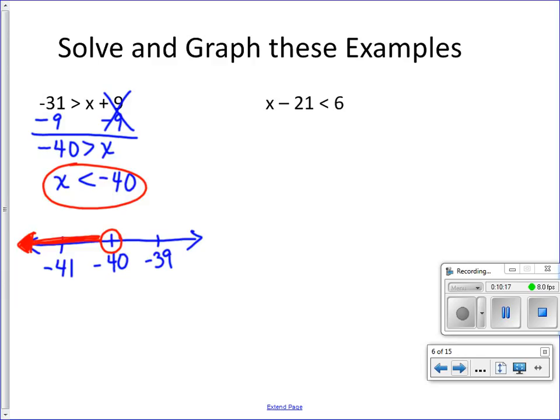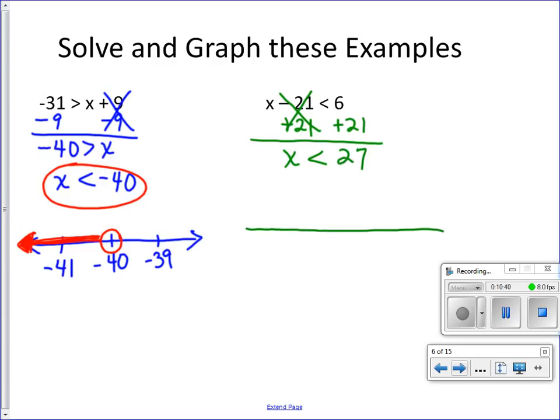On the next problem, x minus 21 is less than 6. We're going to use addition this time to undo the subtraction. Minus 21 plus 21 is 0, so that cancels out. And I have x is less than 6 plus 21 is 27.